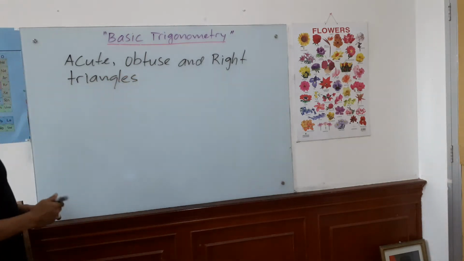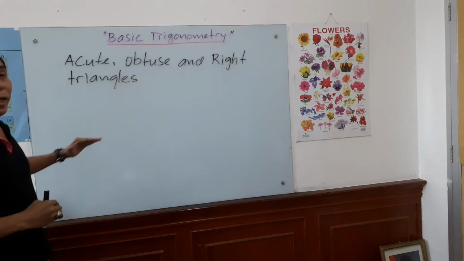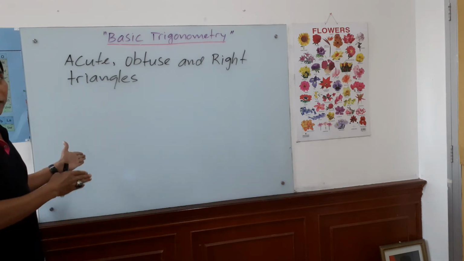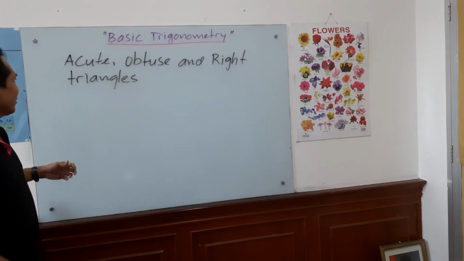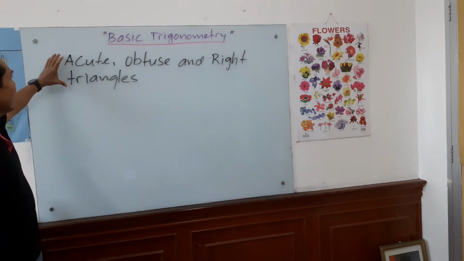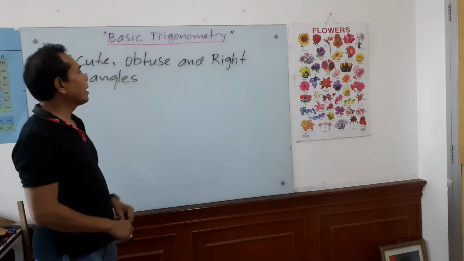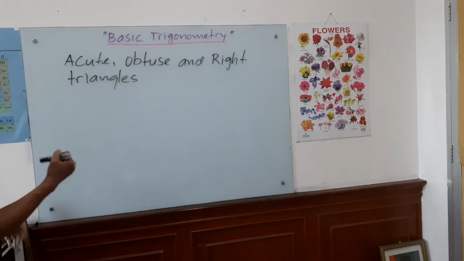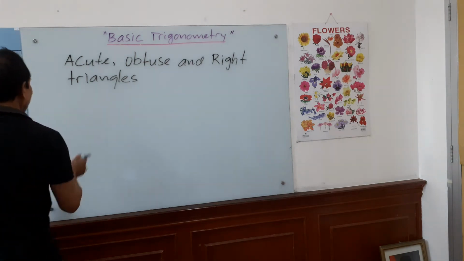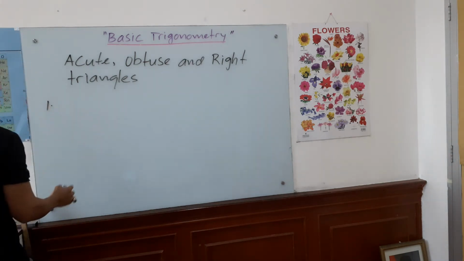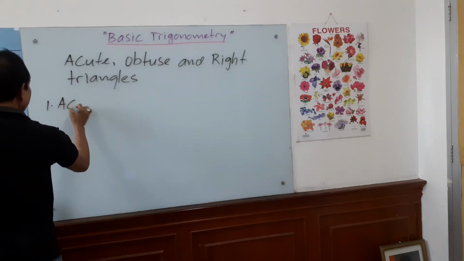Based on the angles we just studied, we will make triangles: acute triangles, obtuse triangles, and right triangles. We will look at these one by one. So now we take number one, acute triangle.